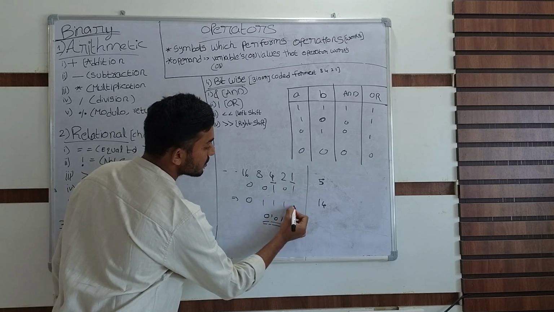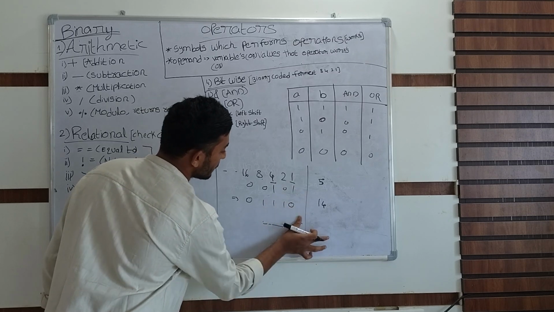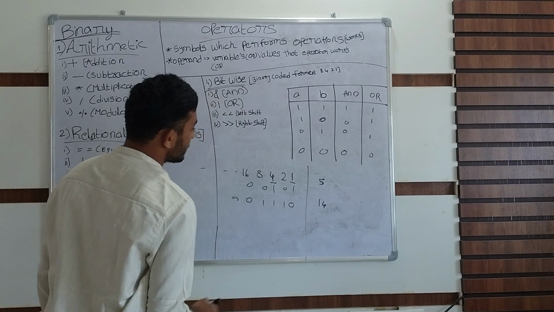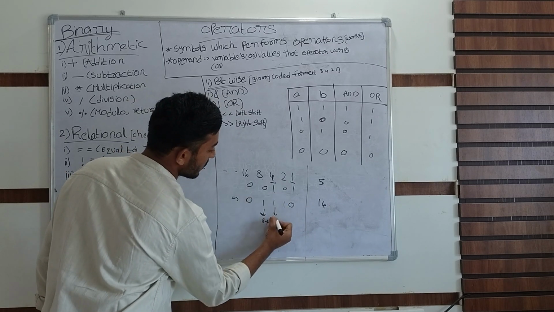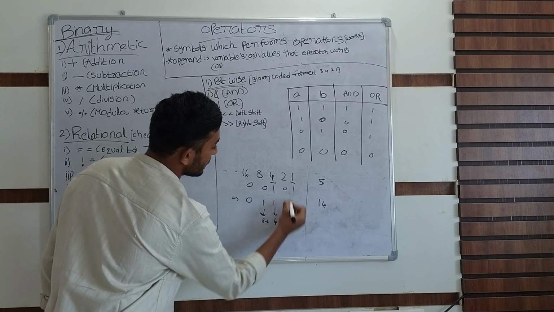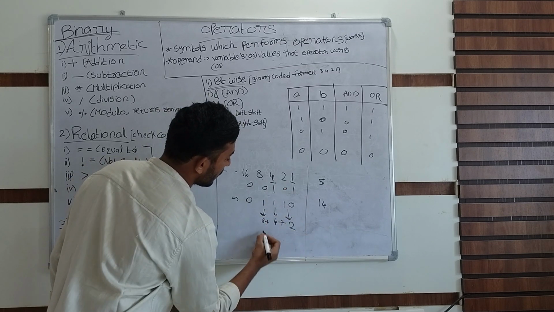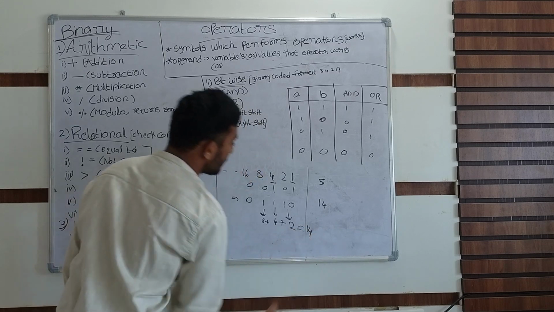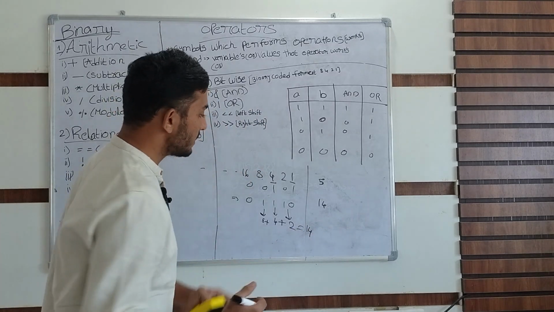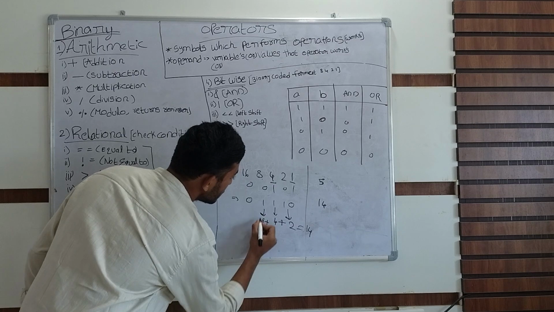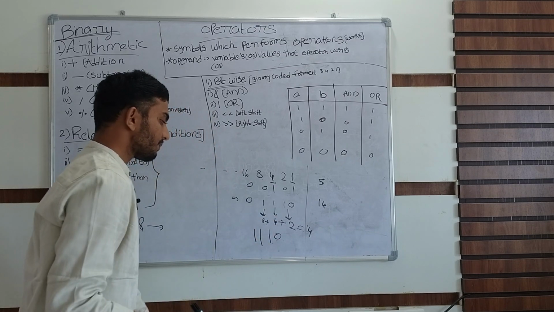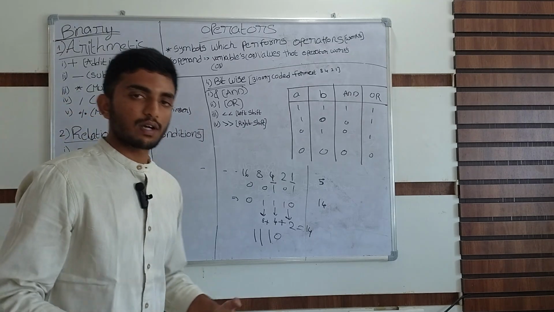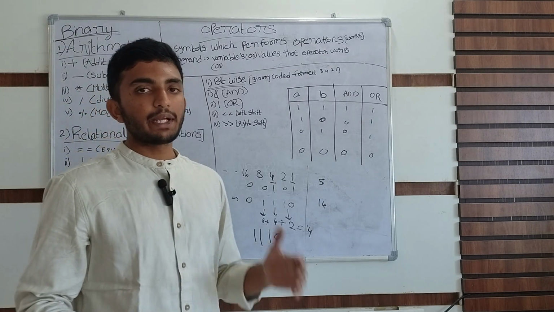And 1 is not used, so it becomes 0. That means the binary code of 14 is 1 1 1 0.